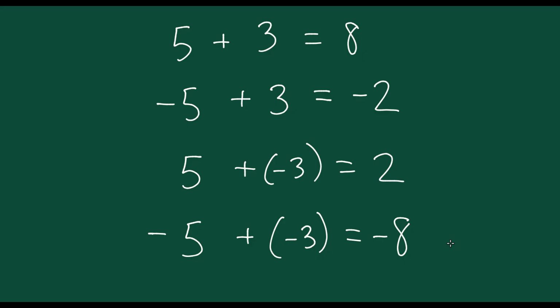So instead of just using a number line, here's the second method that you can use. Let me rewrite it again in 2 different pairings here. 5 plus 3 is 8. Negative 5 plus negative 3 is negative 8.